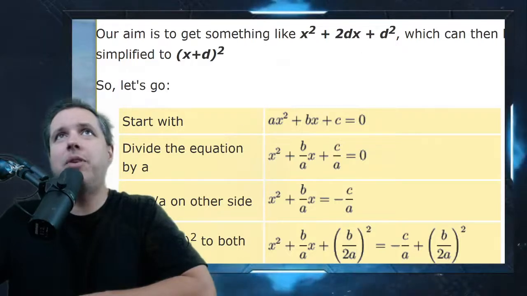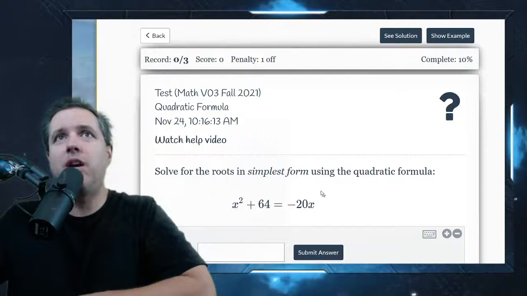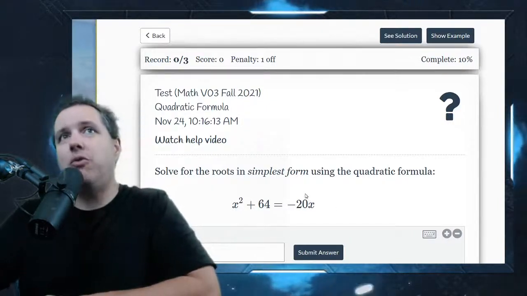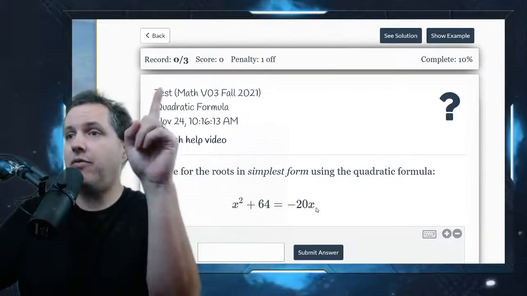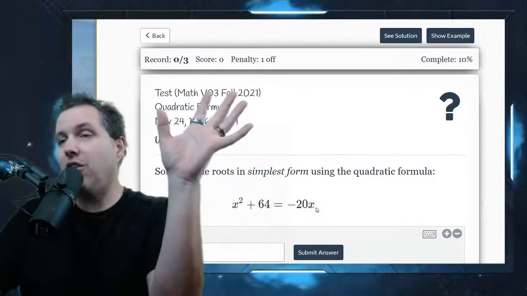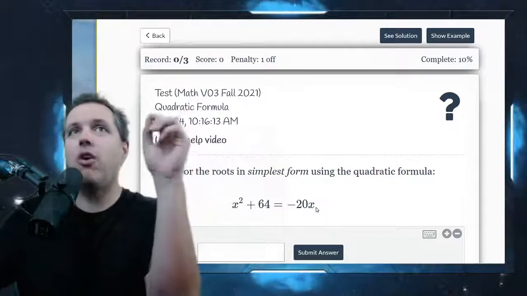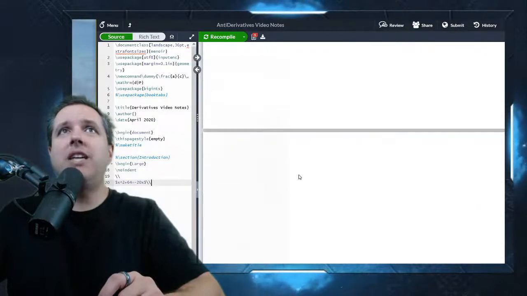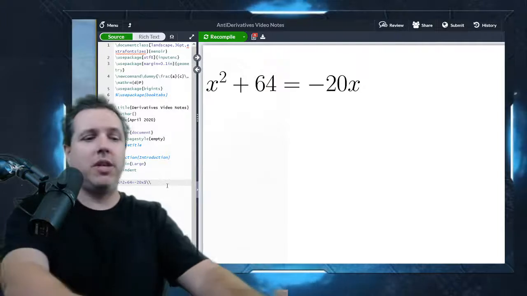So our problem right here, where we have non-zero terms on both the left and the right, doesn't work. If you try to identify your a, b, and c from here, one of your signs will be off. And you might go, oh, that's just a small sign mistake. Your answer is going to be completely off. It's not like it's going to be close to the right thing. It will just be completely wrong. So what we need to first do is get everything on one side. Basically, you're trying to write this equation in that standard form that you're used to.